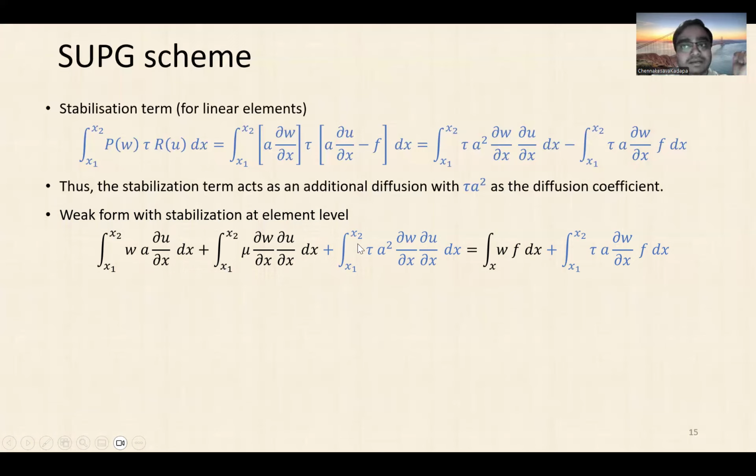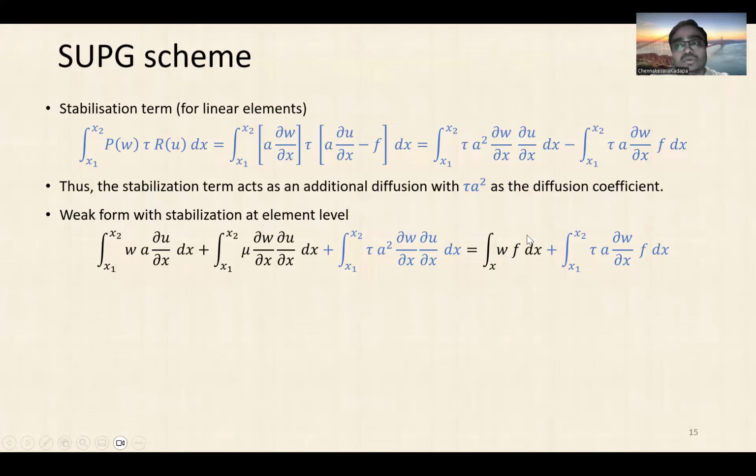Now we have the third term, which is from the stabilization. On the right hand side, we have the integral for F, followed by the weighted residual statement of the PDE, starting with the residual of the PDE and so on. And then this is the extra stabilization term.